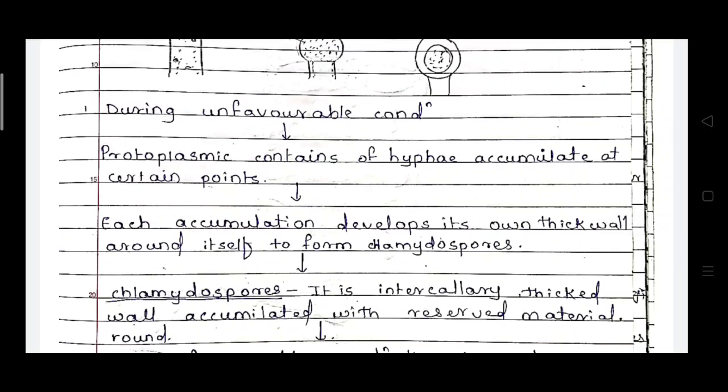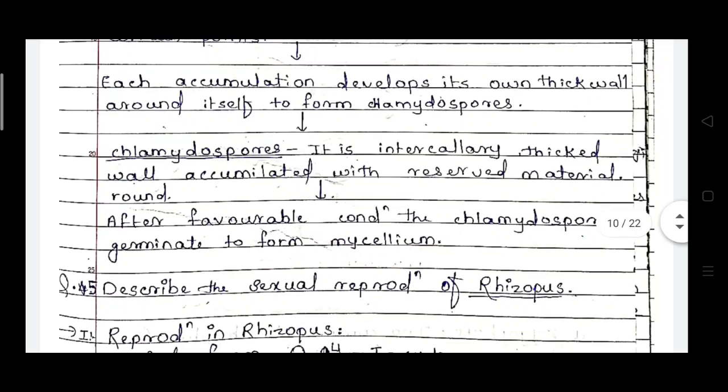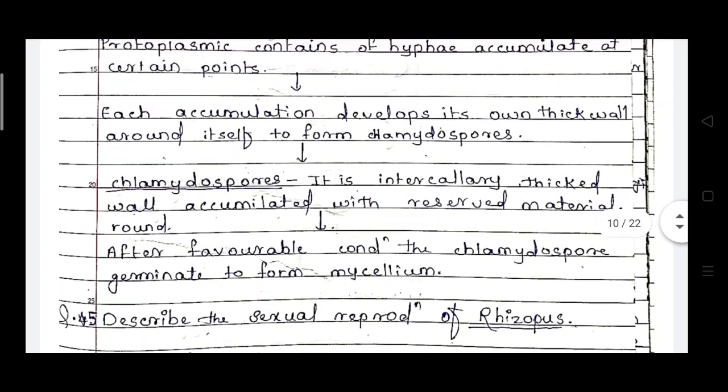In favorable conditions, these chlamydospores germinate as new mycelium. So this is all regarding the asexual reproduction in Rhizopus.